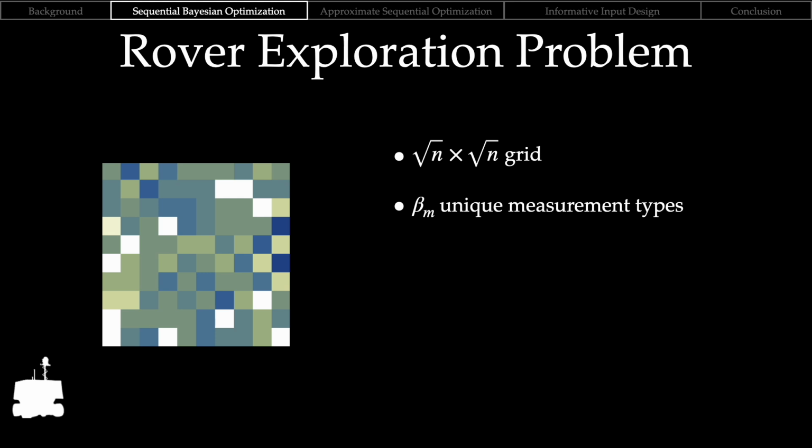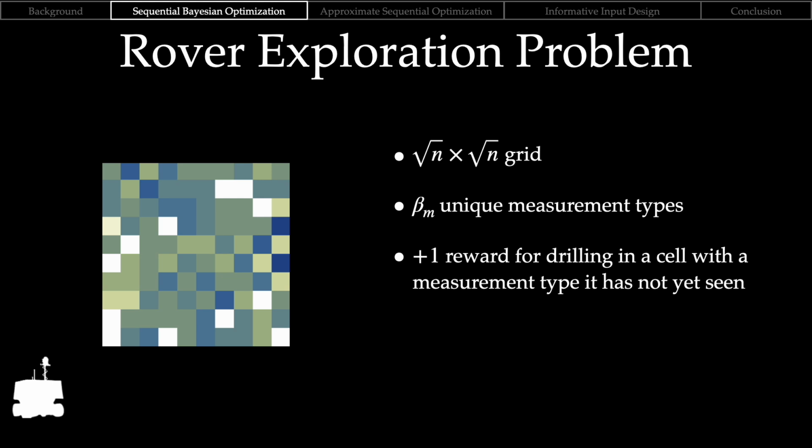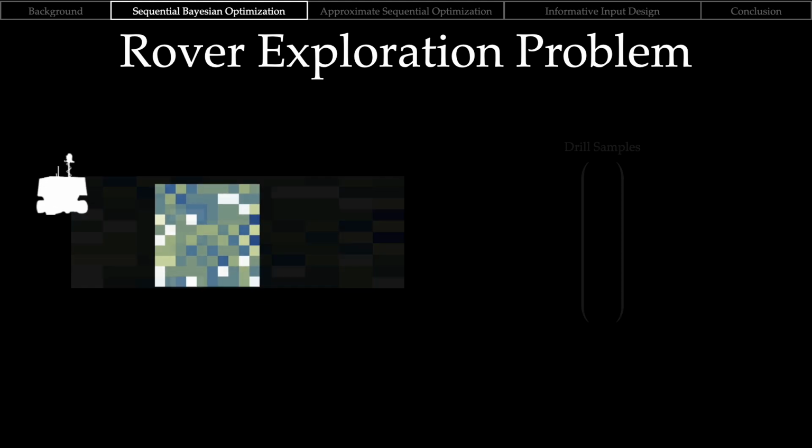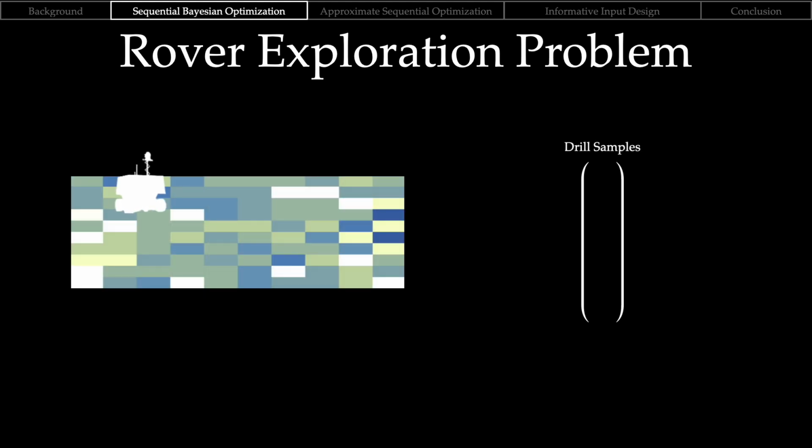And so the agent receives a positive reward if it drills in a cell with a measurement type that it hasn't yet seen. So it hasn't yet drilled this measurement type. It gets a negative reward if it drills in a cell with a measurement type that it has already previously seen. So now what this belief-dependent reward here looks like is that as this agent moves throughout the environment, it's going to be drilling, and it's going to be keeping track of the history of drill samples that it's received.